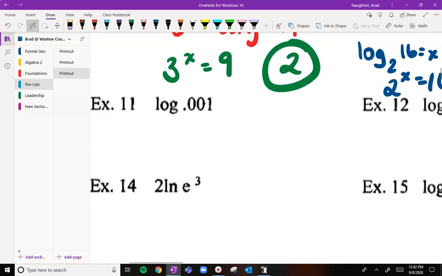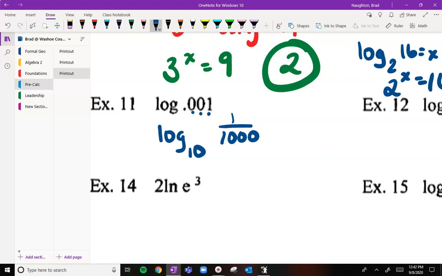Now we're going to step it up a little smidge on number 11. This right here is 0.001. So remember, it goes tens, hundreds, thousands. So really, this is log base 10, because there's no base, of 1 out of 1,000. Alrighty. So let's go ahead and investigate what we got right here.